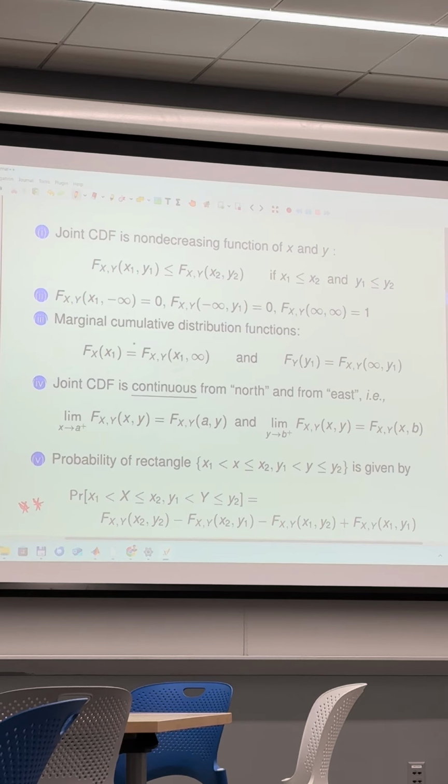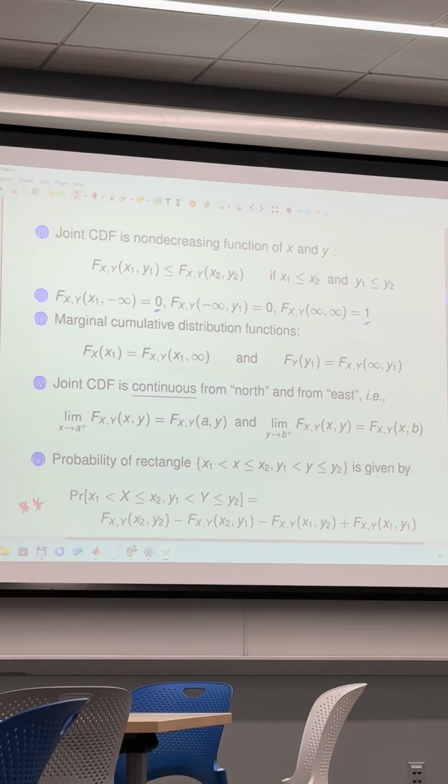If any of the arguments of this joint CDF is negative infinity, the value is going to be 0. It doesn't matter whether x or y, if any of the arguments is negative infinity, the value is 0. If both arguments go to infinity, the value is going to be 1.